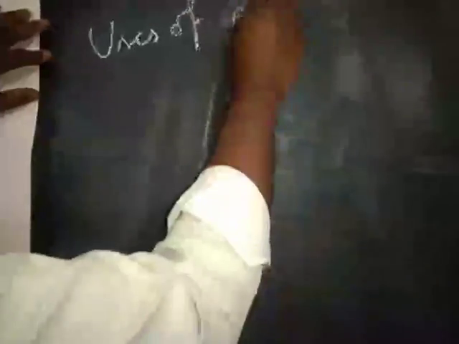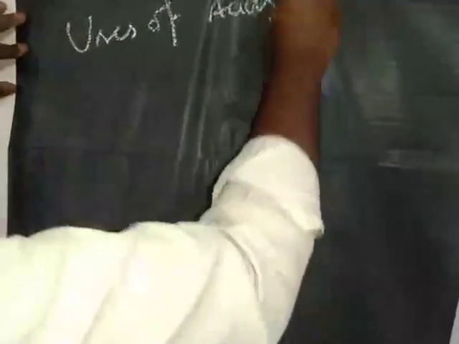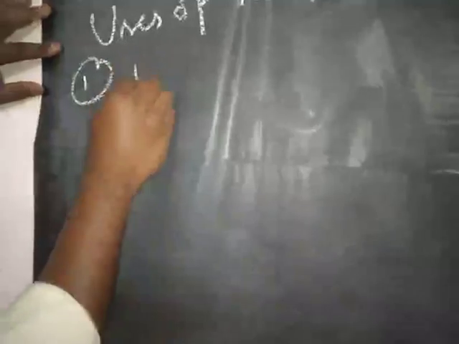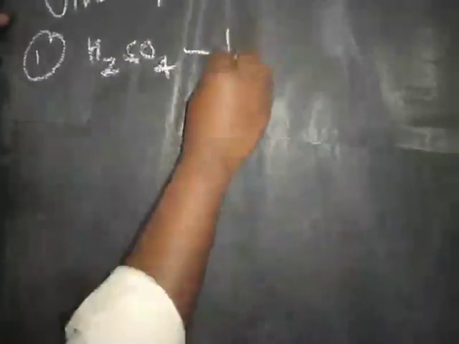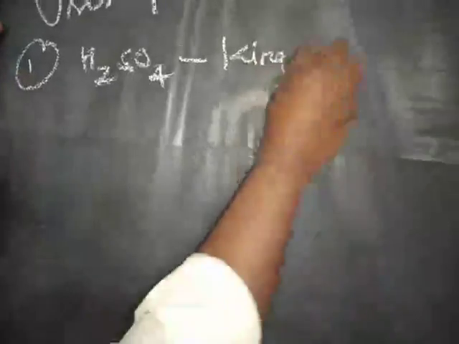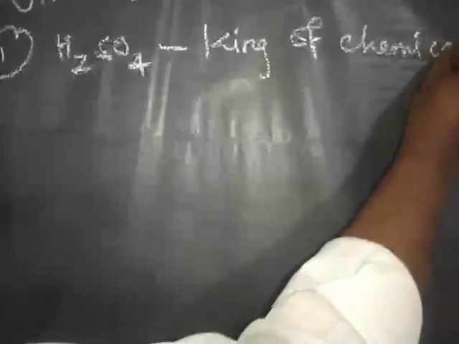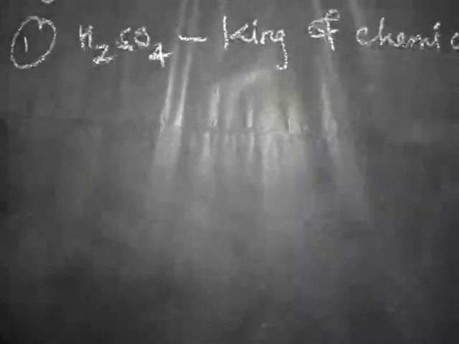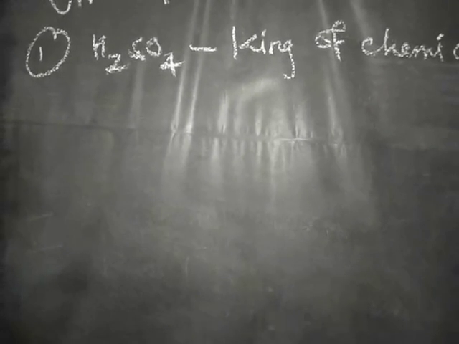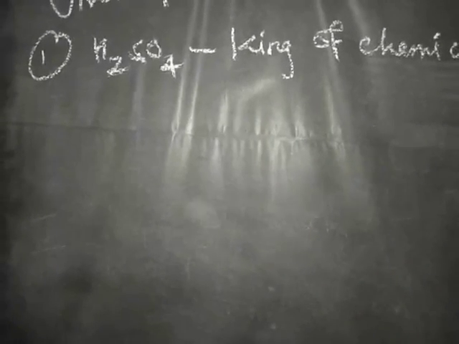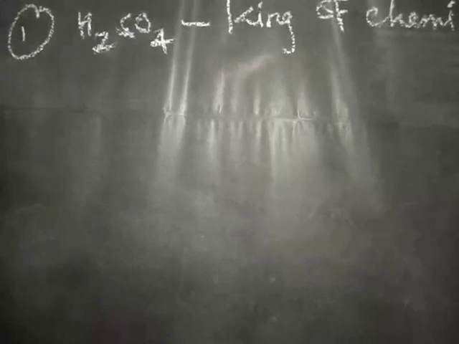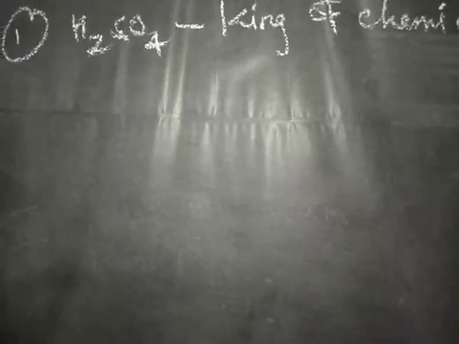First one, sulfuric acid, is called the king of chemicals. Why is it called the king of chemicals? Because so many chemical compounds are prepared with the help of sulfuric acid.